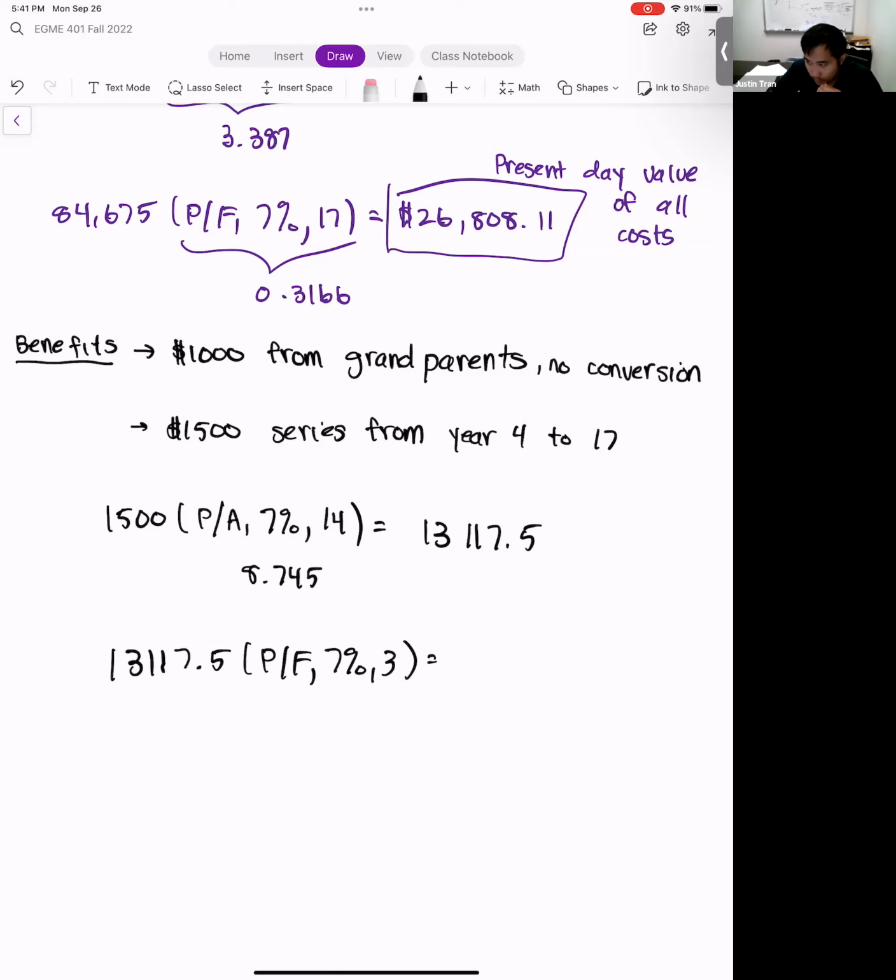Okay. And so we go ahead and look this up. P over F, 7%, 3. This is 0.8163. Okay. And so this is 10,707.82.